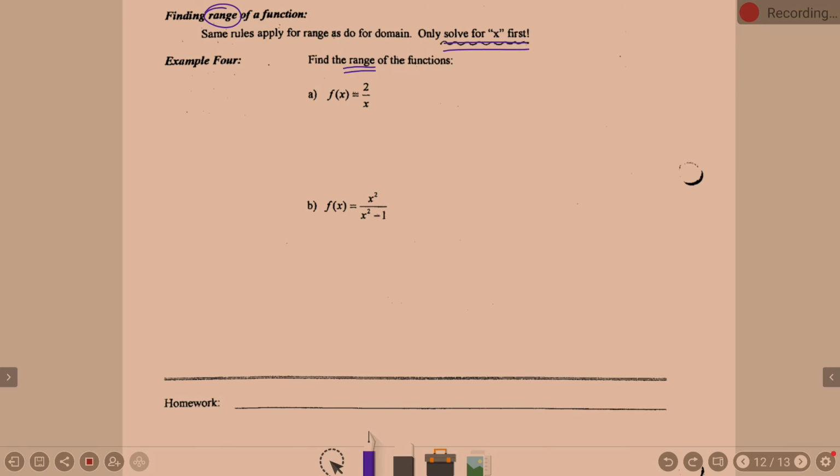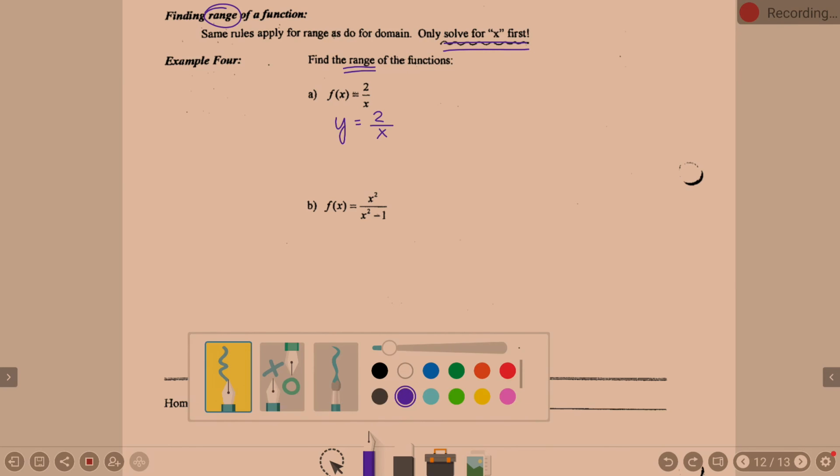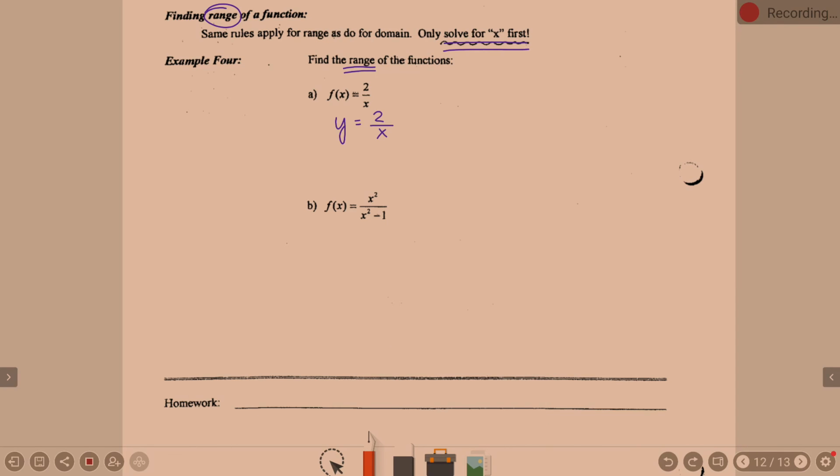Now, it says f of x equals 2 over x. What's f of x? That's y equals 2 over x. If we're going to solve that for x, what do I do? If it's 2 divided by x, can we multiply by x?